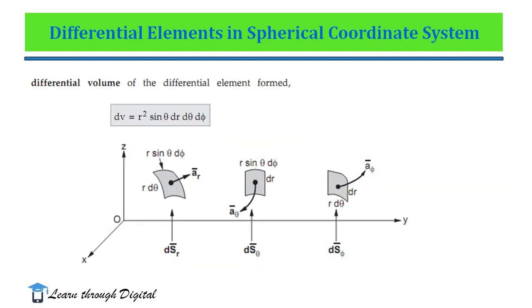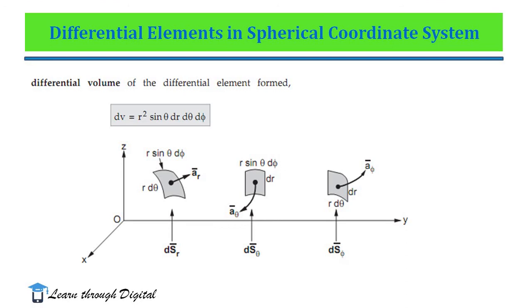We know that the differential volume is the product of the three differential lengths in the three directions. dv is equal to r squared sin theta dr d theta d phi. Next we move on to the differential surfaces in the three directions. The differential surface normal to the a_r direction is the product of r d theta and r sin theta d phi.